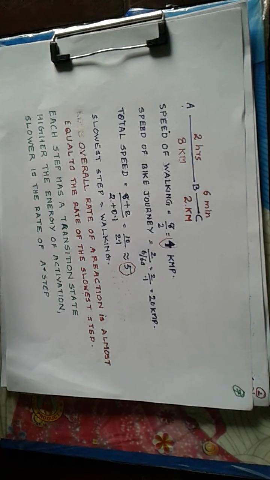Now the total rate of a reaction, the overall rate of a reaction, rate here means speed of a reaction, and in chemistry instead of speed we use the term rate. Rate and speed have the same meaning.